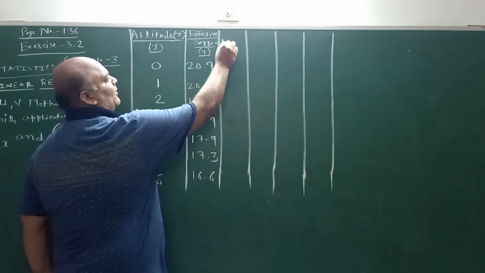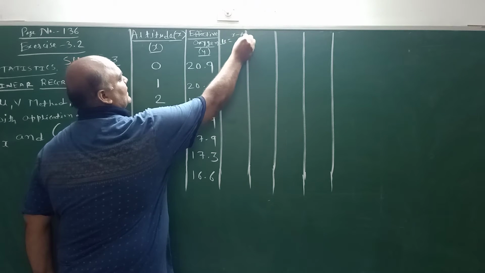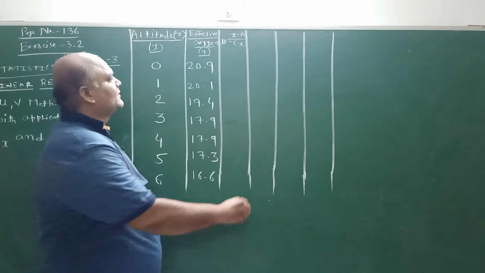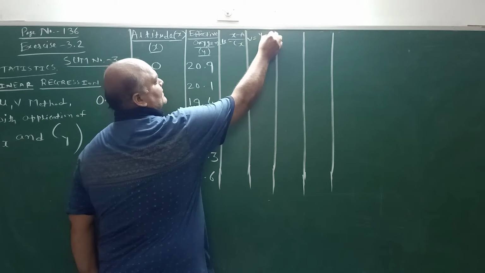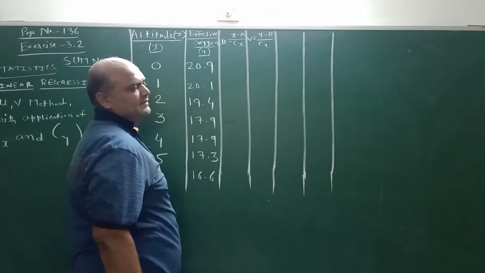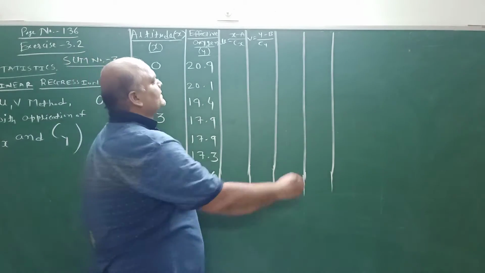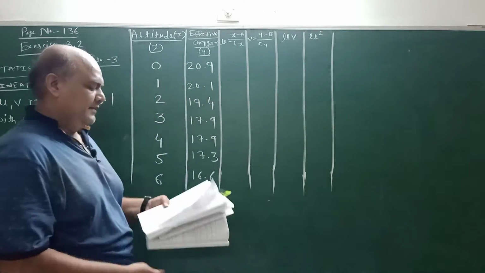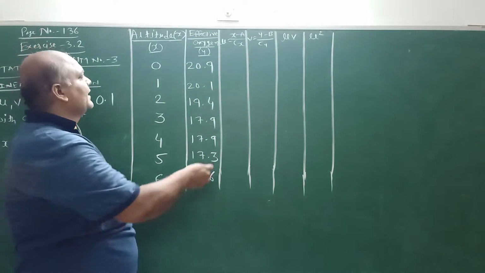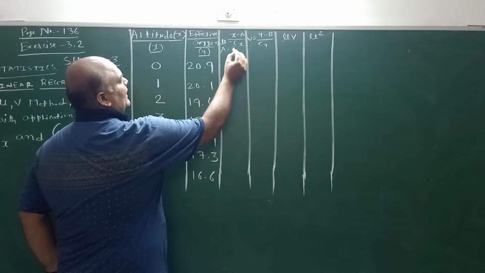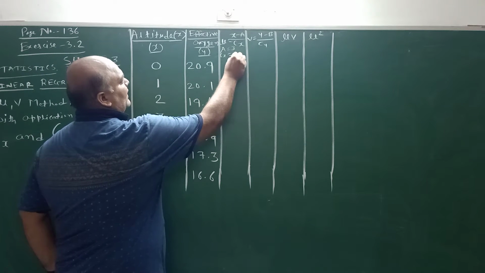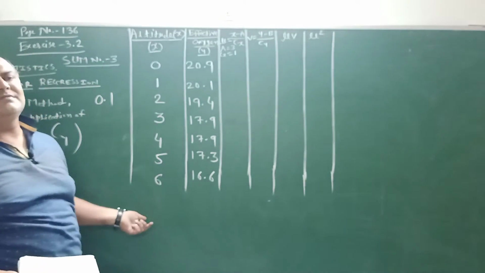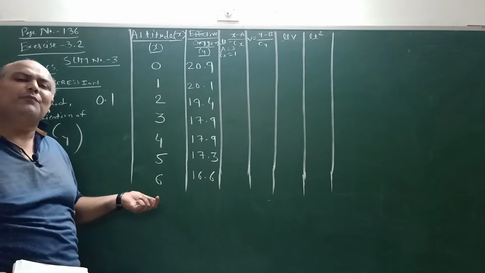We prepare here the column u is equal to x minus a upon cx, and v is equal to y minus b upon cy. The next column is uv and the last column is u square. For a, we can suppose any digit. Here we suppose 3, and cx is 1. Why 1, sir? Because all the digits are not divisible by any digit, so we can take it 1.